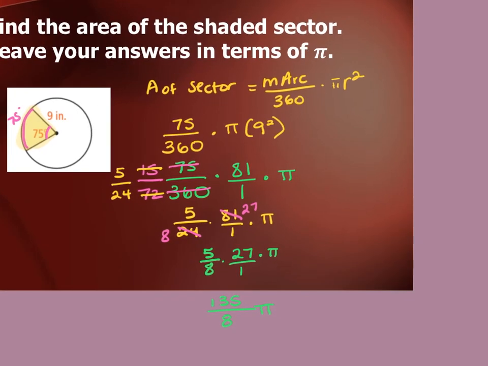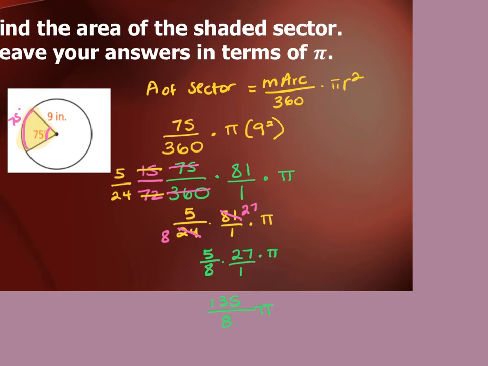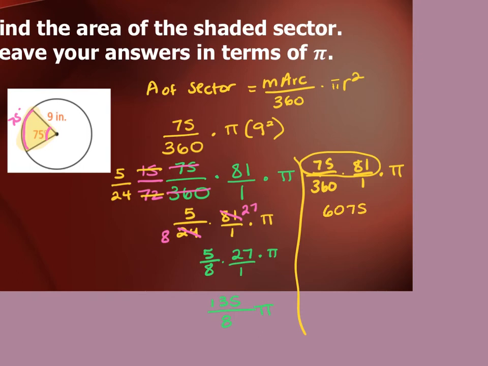The other way, and this time maybe a little bit easier because that simplifying was so complicated, is to take the 75 over 360, the 81 over 1, so this is after you square it. Multiply out your numerators, so 75 times 81 is 6,075. Multiply out your denominators, 360 times 1 is 360.